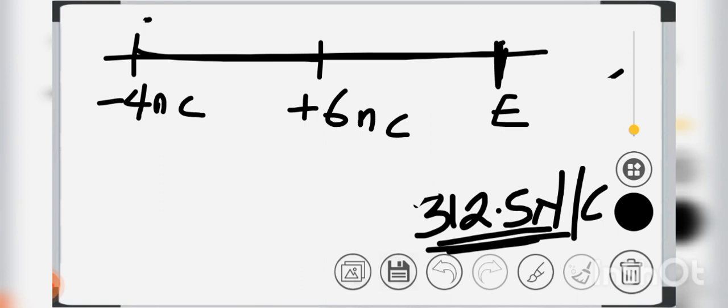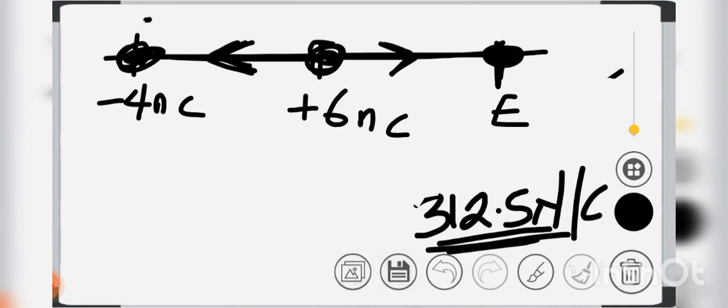The next thing, this one is positive, but this one is negative. For negative, the electric field will be coming into the negative charge. For positive, the electric field will be leaving, because we're looking at the electric field at this point. So we are taking it from this point. If you want to check this charge to this point, the field will be leaving.